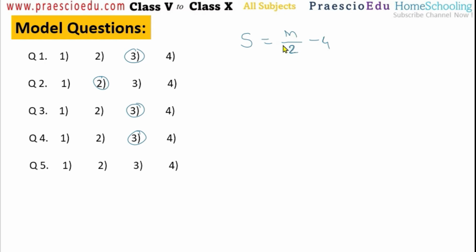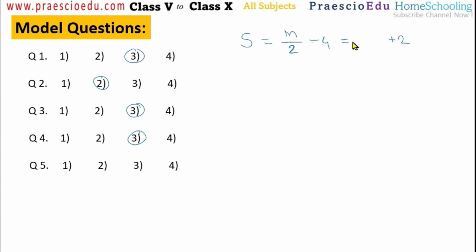A son's present age is 4 less than one half of mother's present age, and 2 more than one third of the aunt's present age. Two more than means plus 2.